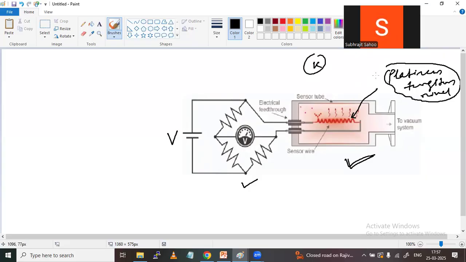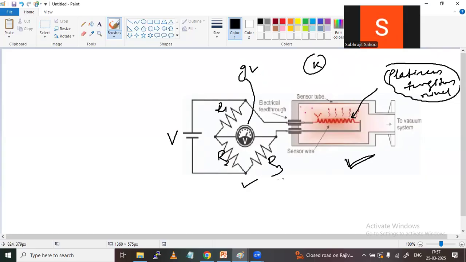This is the construction, you can write it by looking at this figure. Suppose these resistors are R1, R2, R3, and this is the galvanometer, GV.